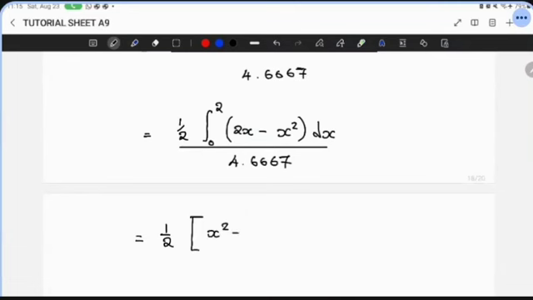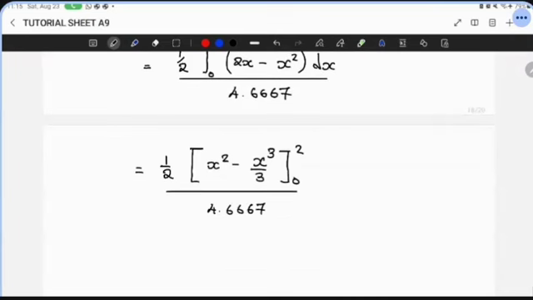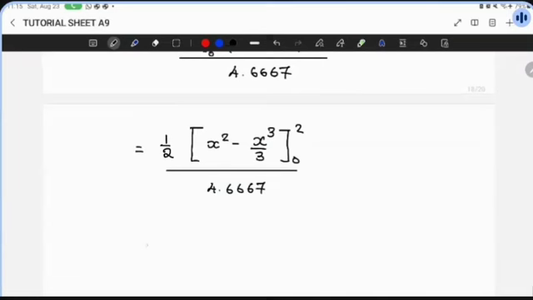The second part will be x to the power 3 over 3 from 0 to 2. So moving from 0 to 2, we're just going to put 2 everywhere where there is x. 2 squared will be 4. 2 to the power 3 will be 8.